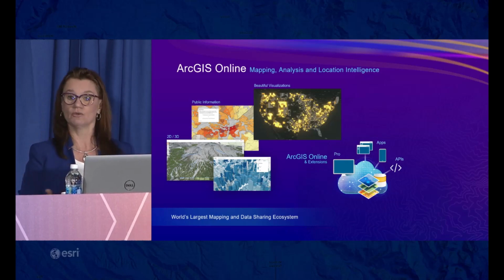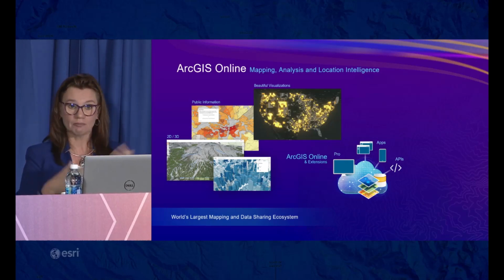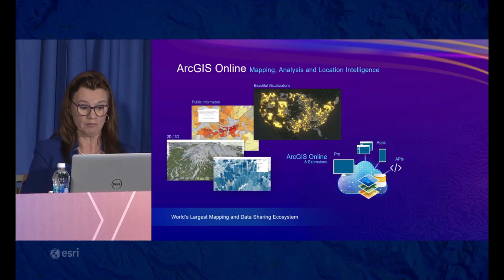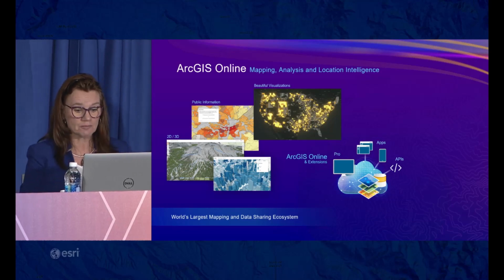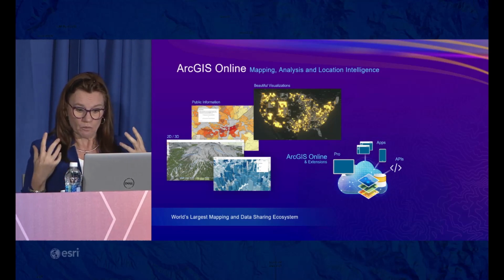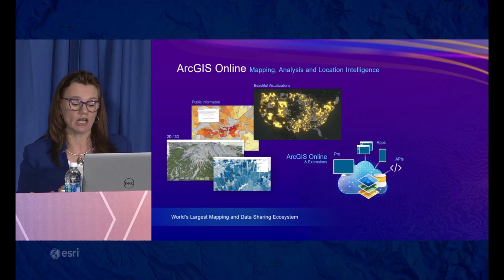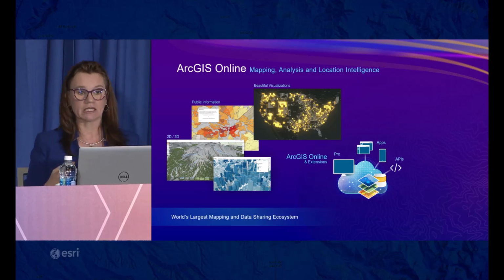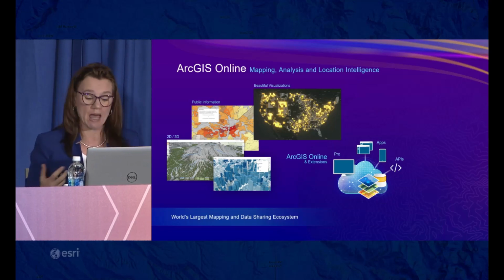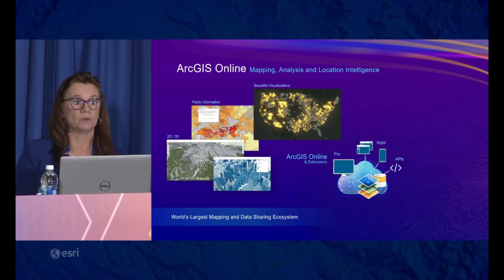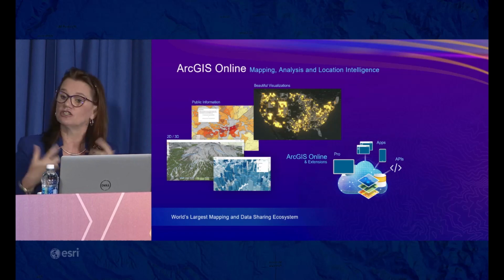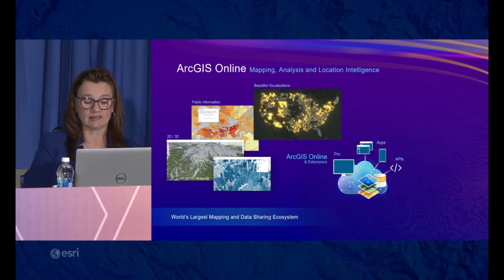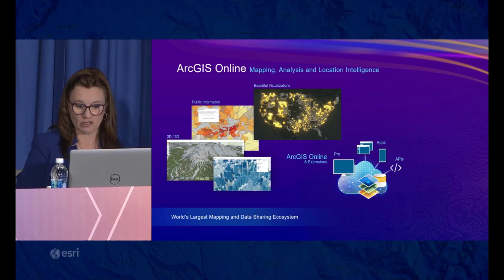And we can use it not only for making maps in 2D and 3D, we can also use it for analyzing our data, sharing our data and maps, and we can use ArcGIS Online to gain access to workflow-specific apps like ArcGIS Field Maps, for example, that I'm going to show you, or Survey123 for data collection, or ArcGIS Hub you can actually access from ArcGIS Online as well.